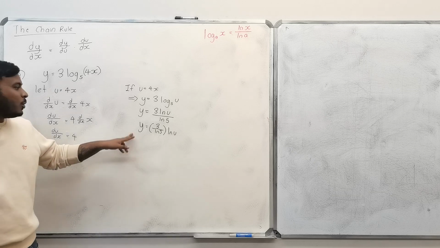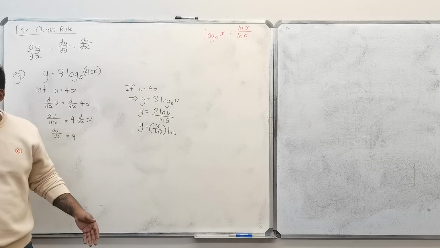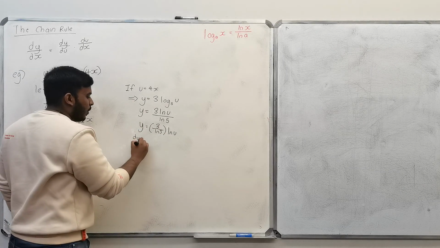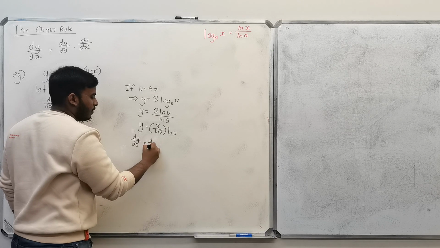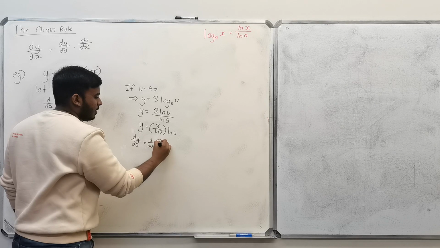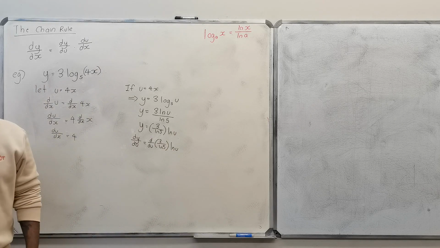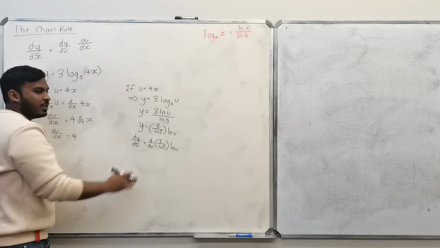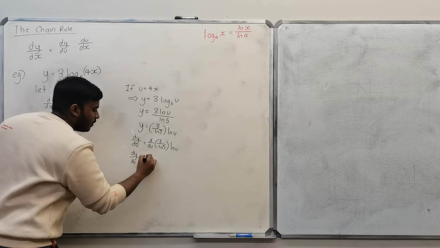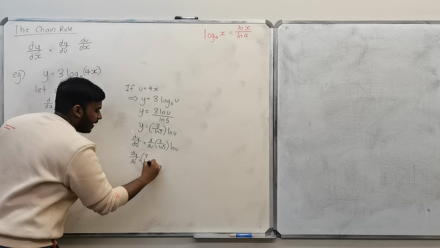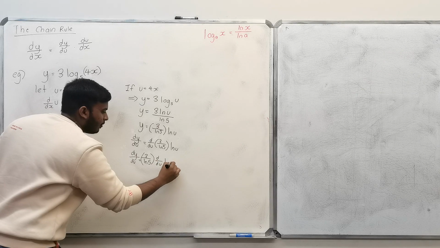I'm deriving equation y with respect to u, because that's the term I have there. So dy over du is equal to d over du of 3 over ln of 5 times ln of u. Agreed? Okay. That's a constant, so we can take it out. So dy over du is equal to 3 over ln of 5 times d over du of ln of u.